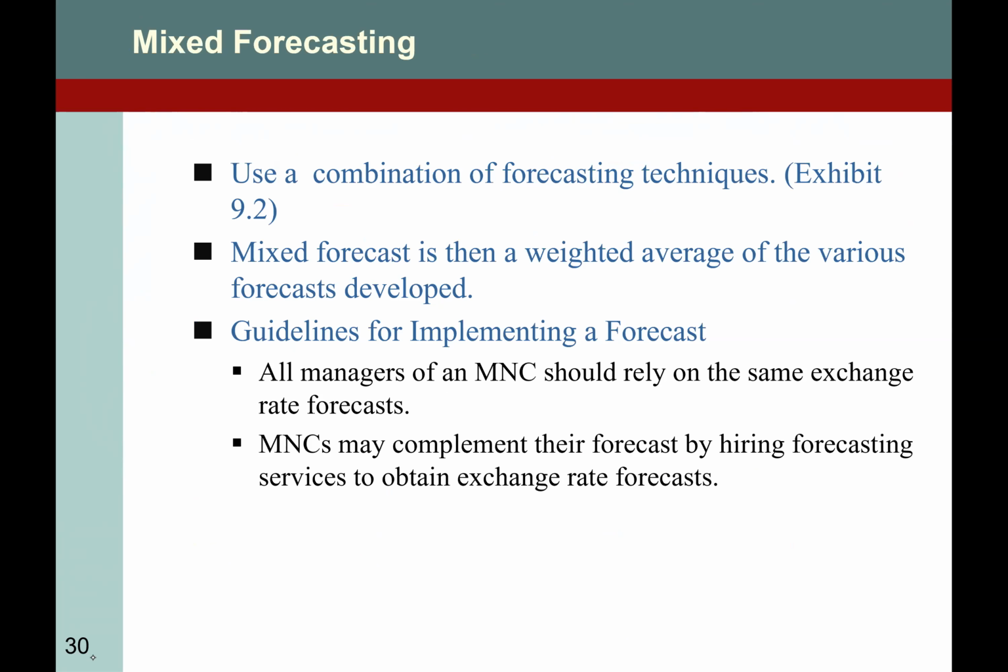The mixed forecasting, which means you are not basing your analysis on just one, you are using a mixed analysis. Either you are using technical and fundamental both, or you are using fundamental and market-based both. So mixed forecasting is a weighted average.